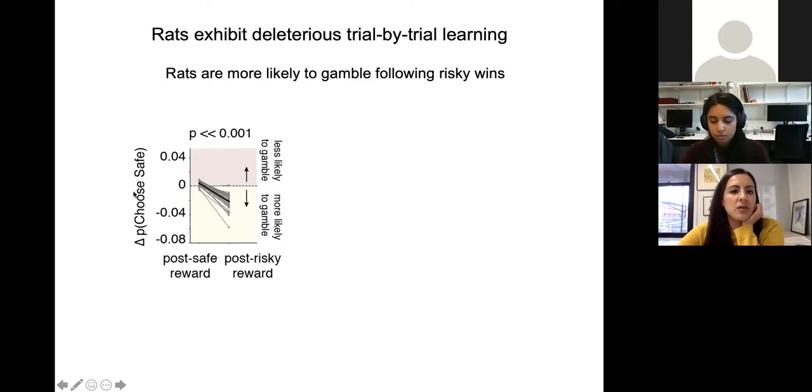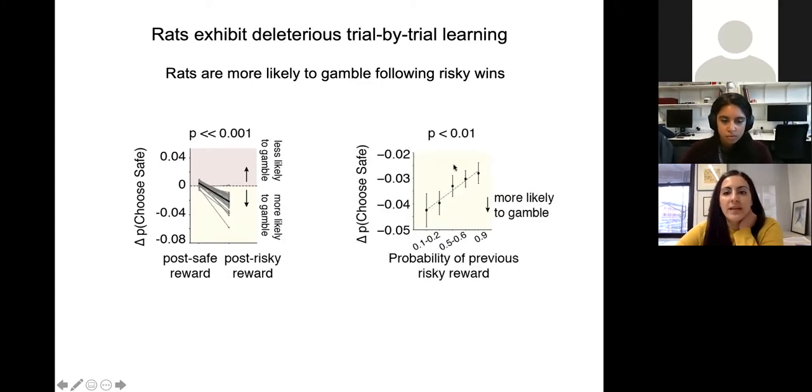This is the change in the probability of choosing the safe option relative to the average probability of choosing safe, conditioned on whether the previous reward was a safe option or a risky choice. And you can see all the rats basically are less likely to choose a safe option if they gambled and won.